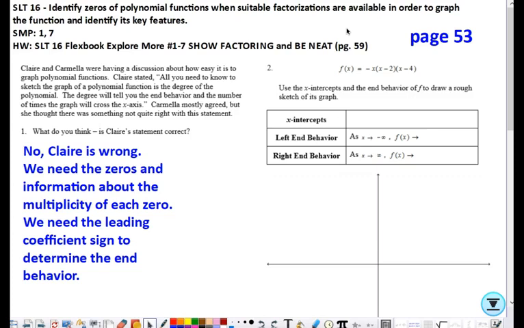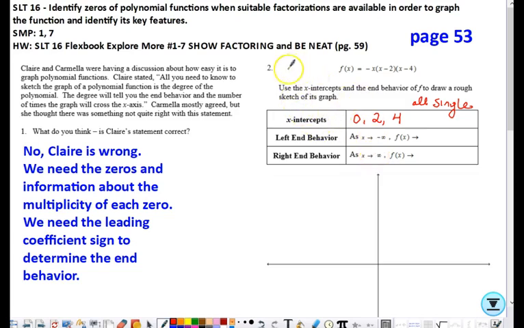So in number 2, we're given this f of x function. And it says state the x-intercepts, which are the zeros, which are the roots. And we've got a 0 at 0, a 0 at 2, and a 0 at 4. And all of these are single. They all have a multiplicity of 1, so they're all single roots.